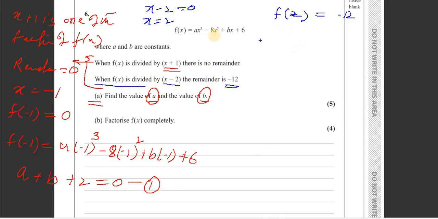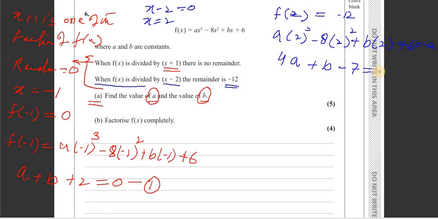That's how you do it. If you put 2, you have a into 2 whole cube minus 8 into 2 squared plus b times 2 plus 6 equal to minus 12. If you simplify this equation, you have 4a plus b minus 7 equal to 0. This is your equation number 2.